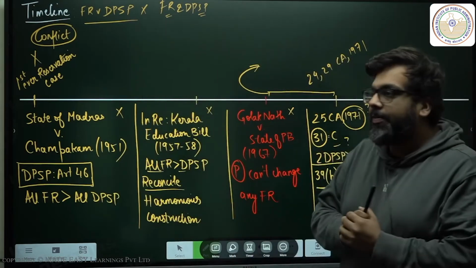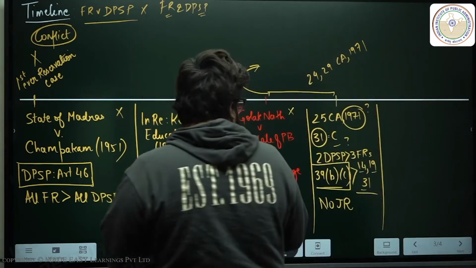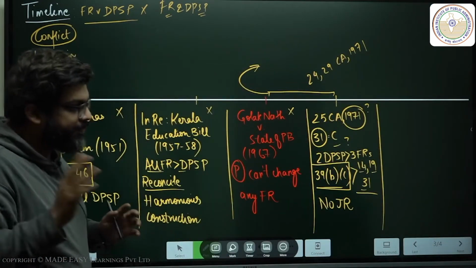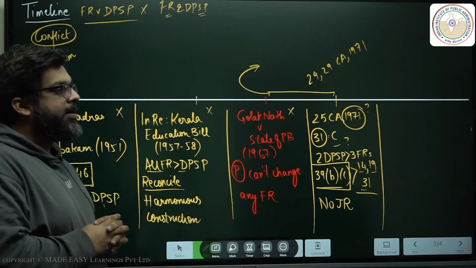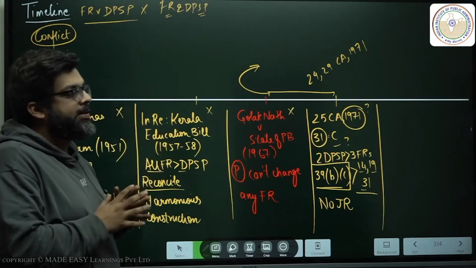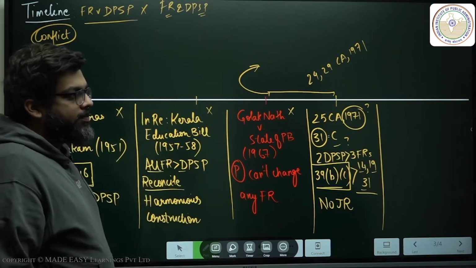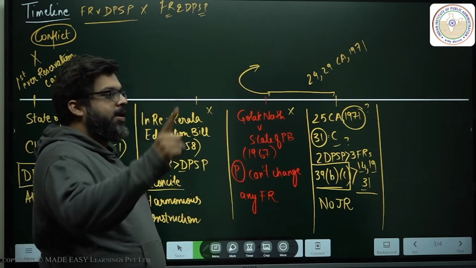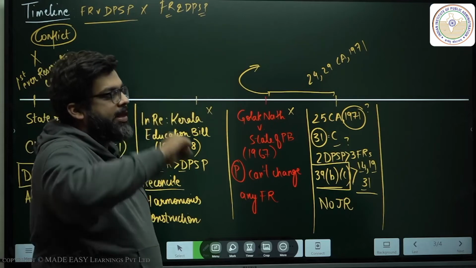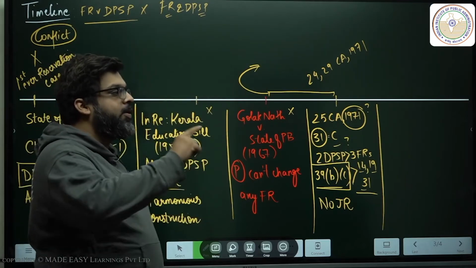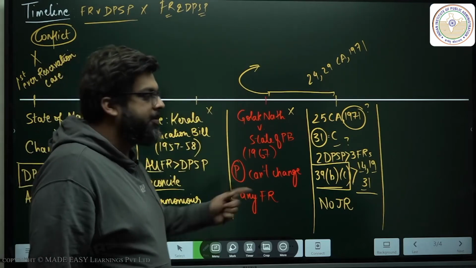What is it that is happening? See, the government had taken a massive hit after Golaknath. Oh, ईगो है भाई. गवर्नमेंट ने कहा ठीक है, अगर घी सीधी उंगली से नहीं निकल सकेगा तो उंगली को हमको टेढ़ा करना पड़ेगा, तो हम टेढ़ा कर रहे हैं.